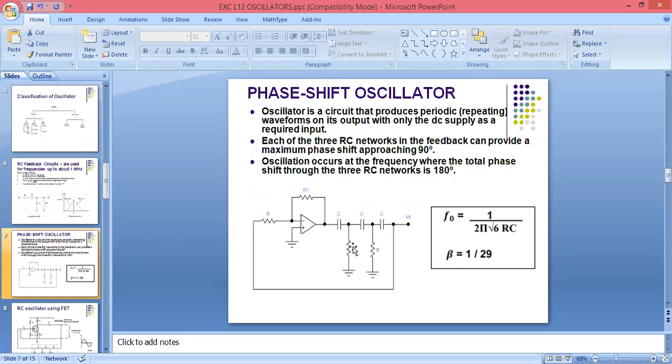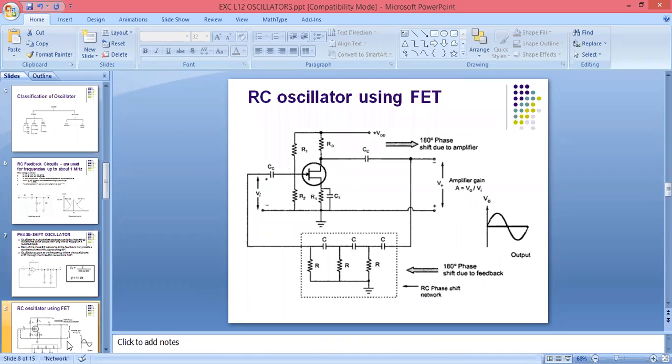This is only the concept how we are using RC. But in our syllabus, there is syllabus of the MOSFET. So we can draw here RC oscillator using MOSFET or using JFET.